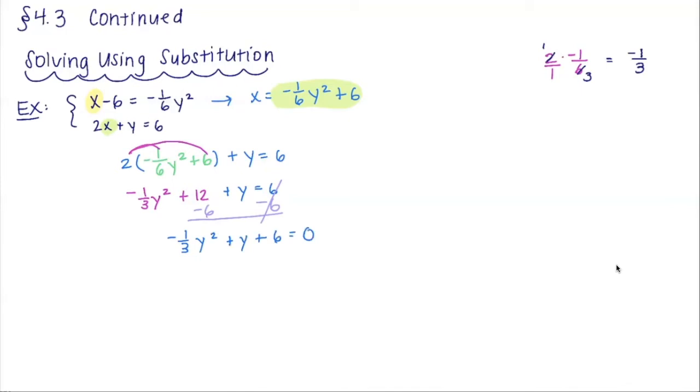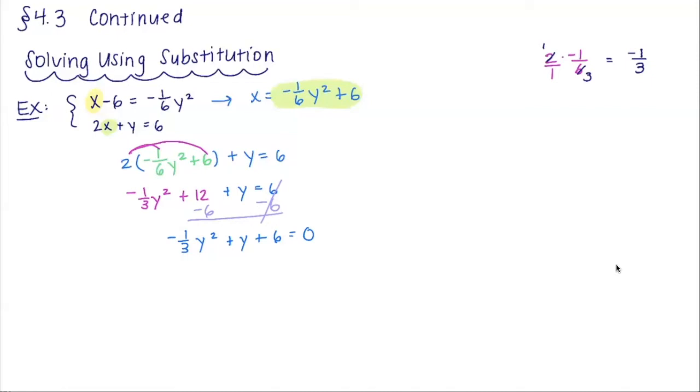All right, so now I have a quadratic, but I have this leading coefficient, and I'm not too crazy about having fractions up here, especially if I can do something about it. So what I'm going to do is eliminate this fraction by multiplying by the reciprocal. And remember, when I'm solving equations, I can multiply or add or subtract or divide anything I want as long as I do it to both sides. So in this case, I'm going to say, hey, I don't like that negative 1/3.